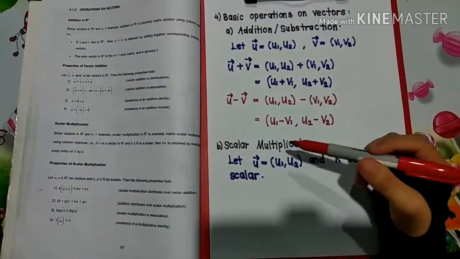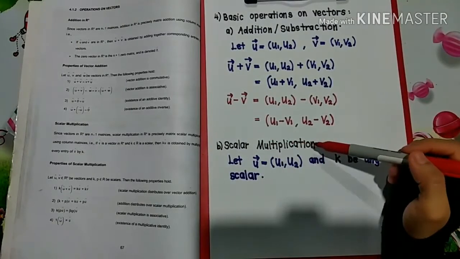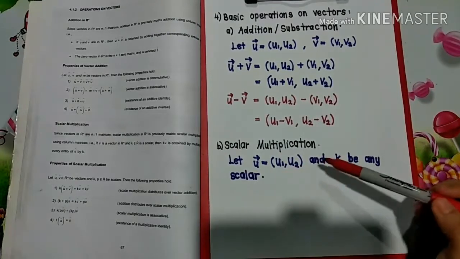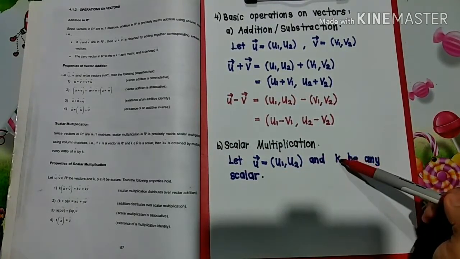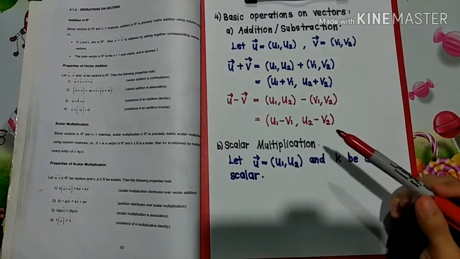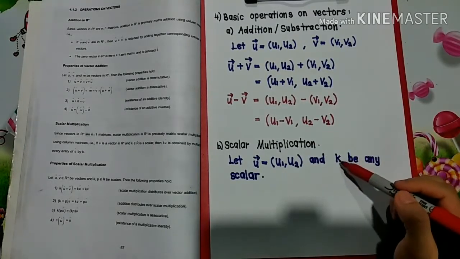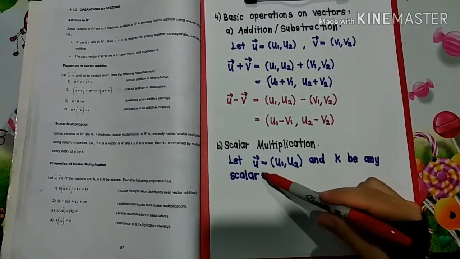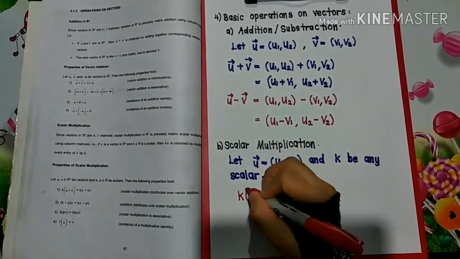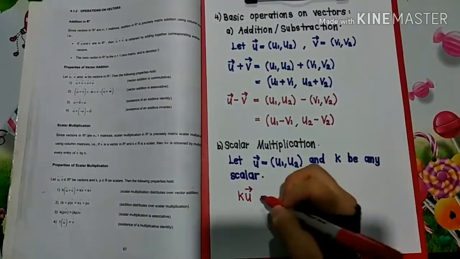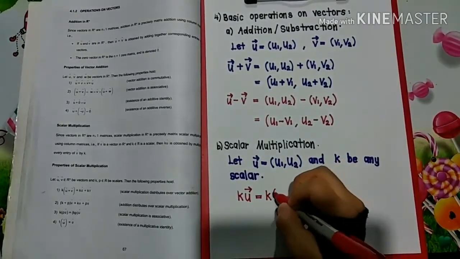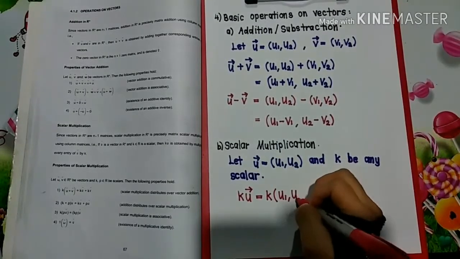The second operation is scalar multiplication. Same thing here, let U be a vector in R2, and we have k here. k can be any scalar, that means any number. Scalar multiplication means that we multiply a scalar with the vector. So you write k multiplied with the vector U. First, you substitute the vector U, so U equal to U1, U2.